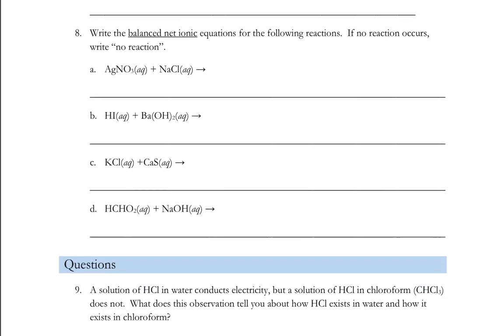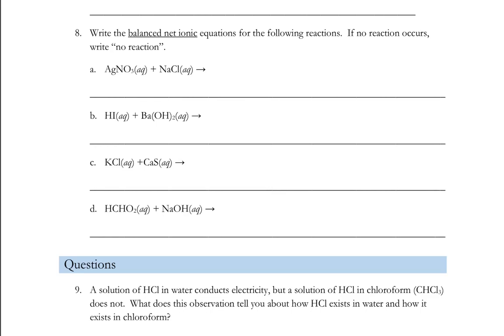Number 8, we are writing out just the net ionic equations, but you probably will, on scratch paper, do the full reaction where you're exchanging partners, making everything neutral, balancing, etc. Checking out your solubility rules for what is the notation for the products, aqueous or solid. And then you're canceling out ions that appear on both sides to be able to write out the net ionic equation. And for reaction A, we have just a precipitation type reaction.